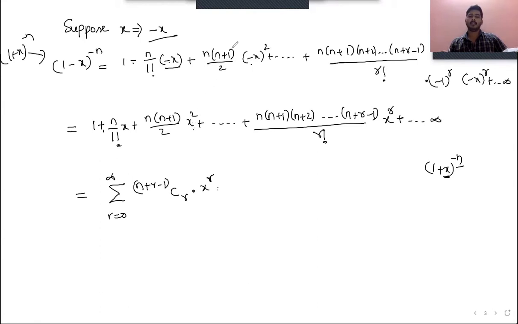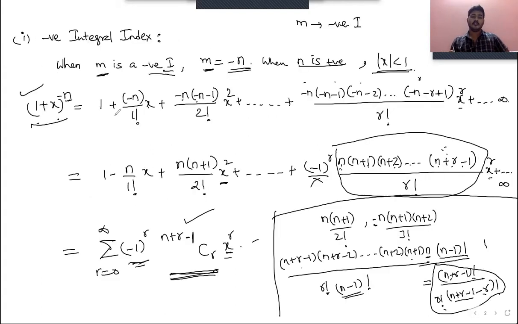There will be no change in the even terms, because minus 1 whole power even power will be 1. So there will be no change when the power is even. Only when the power is odd, the negative will be multiplied with this negative and the term will become positive. So in the previous case, you observed that one term is positive, one term is negative, alternately.